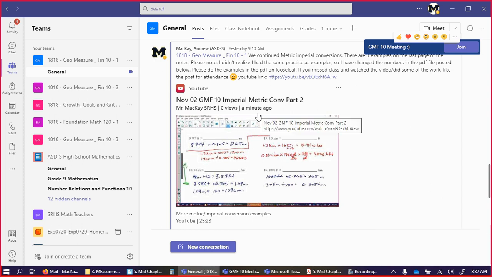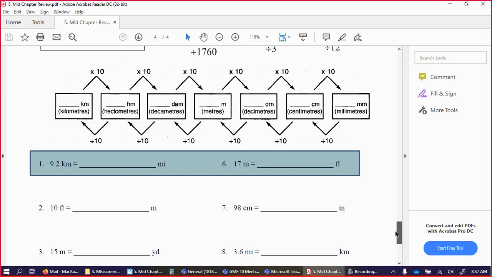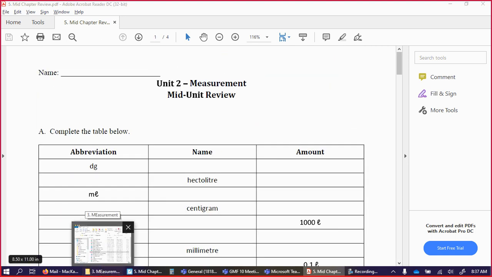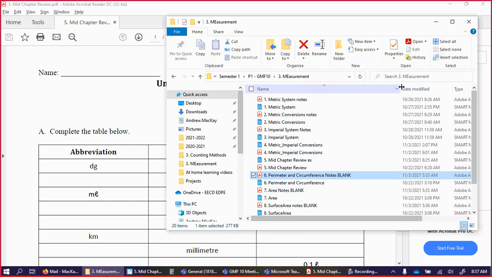Yesterday we did imperial metric. Today we're going to need this bad boy, which is just kind of a review of everything that we've done thus far. When I do everything today, these are the blank ones for perimeter, area and surface area.